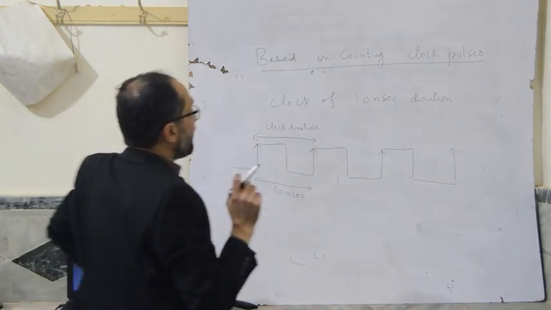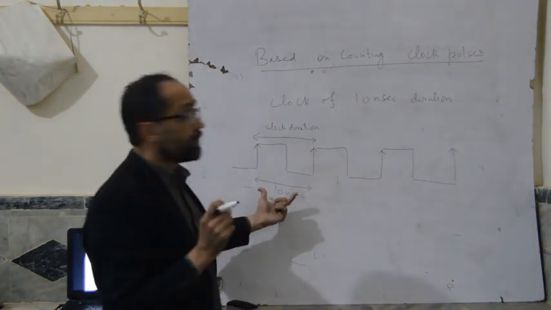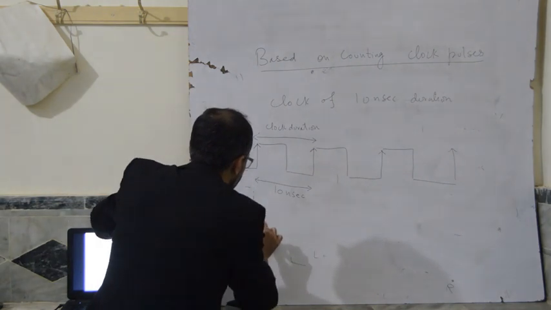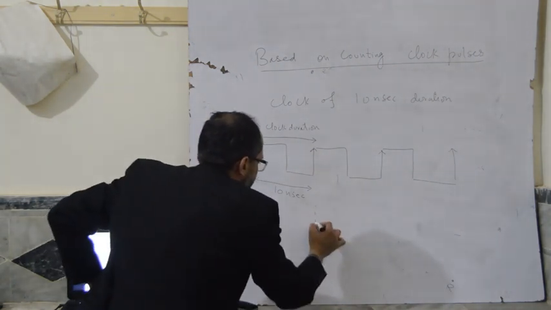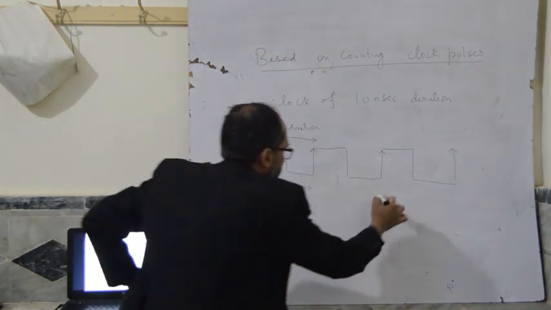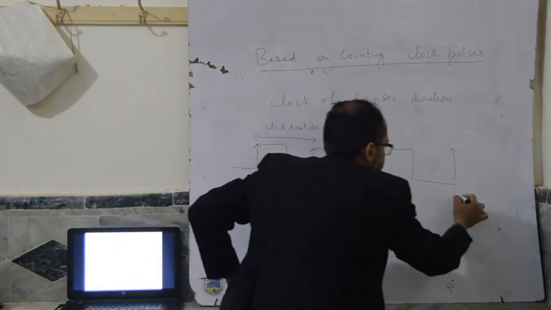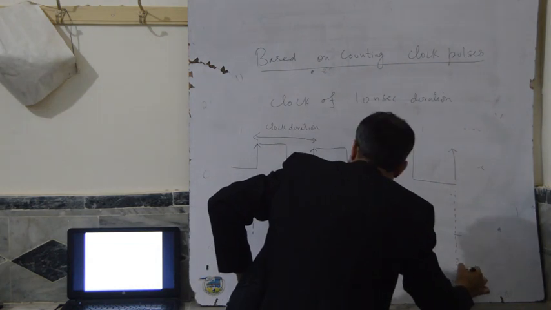So the timer can also be used to count the number of clock cycles. So this is clock cycle 1. Let's assume this is time. So we have clock cycle 1, clock cycle 2, clock cycle 3.